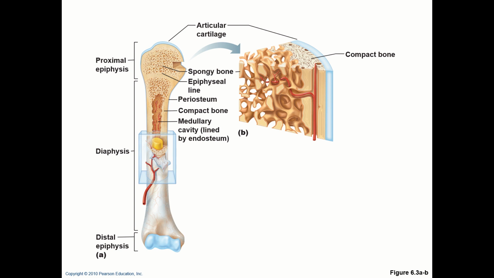Both proximal and distal epiphysis have a spongy bone interior. Here we see an epiphyseal line, which is the remnant of that growth plate. So again, this is an adult. The articular cartilage lines the proximal and distal epiphysis and prevents friction as the skeleton moves.